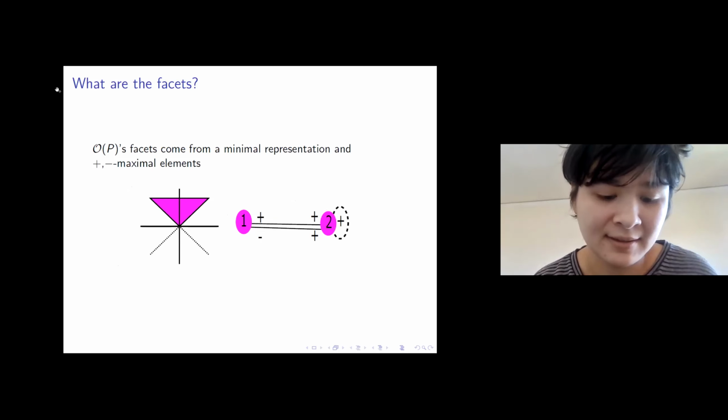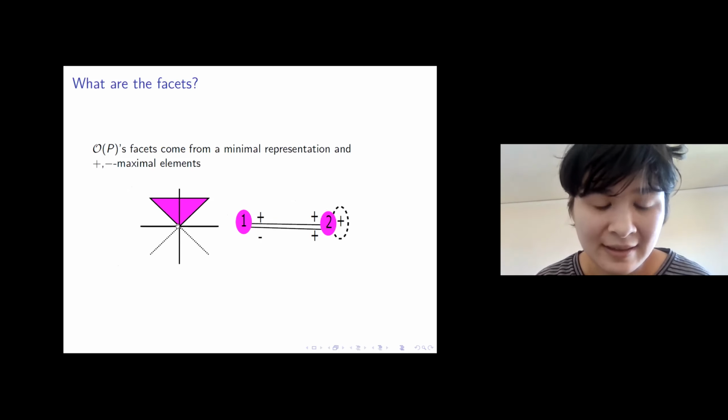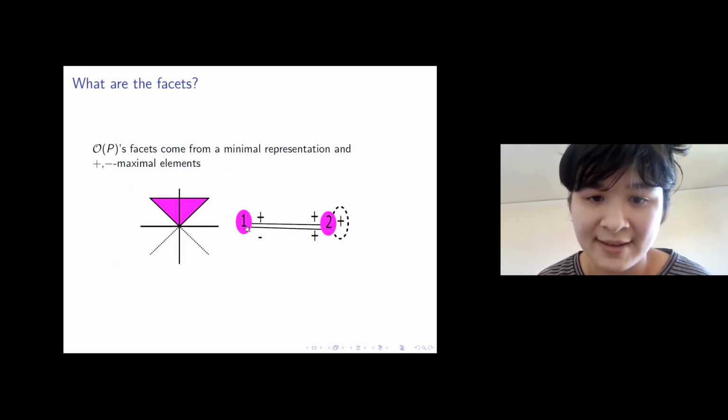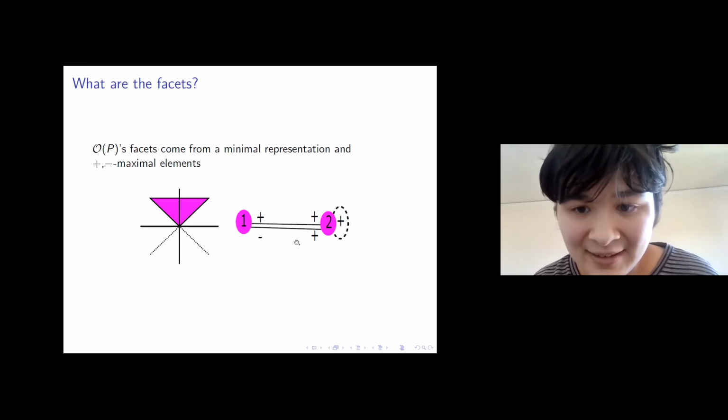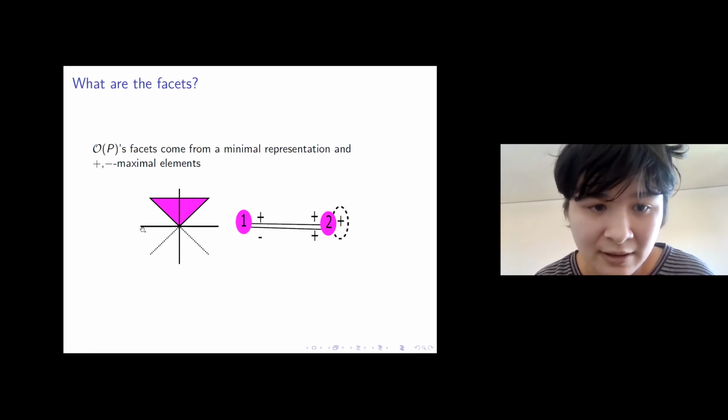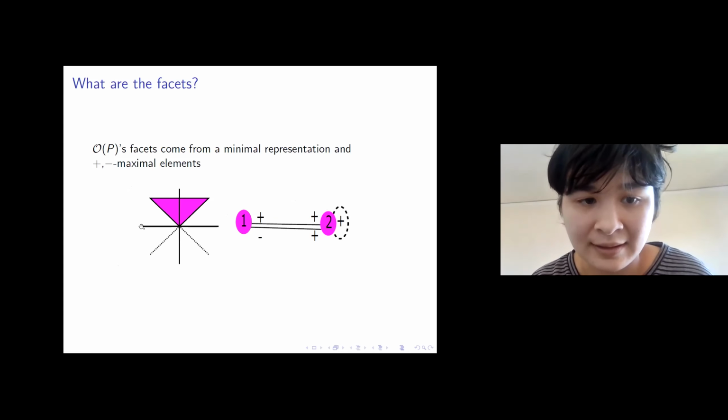And then I also wanted to talk about the facets. The facets in this case come from a minimal representation of the signed poset. As I described above, this plus here is redundant. You can see that the 2 plus would come from a hyperplane that's like this, and then you would shade up.